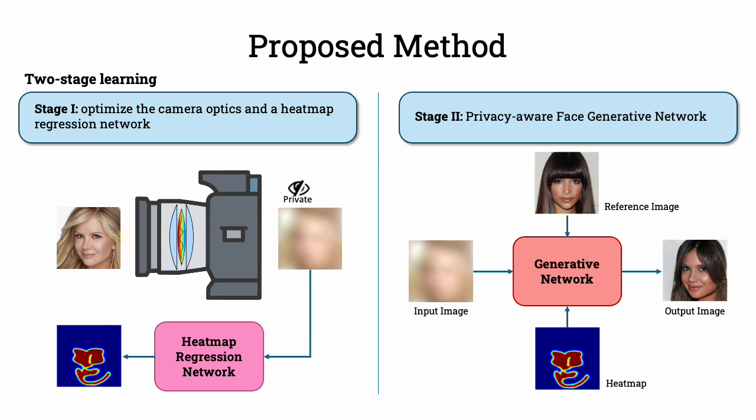In the second stage, our primary goal is to learn the parameters of a conditional GAN. This GAN generates a new face identity using the input privacy-preserving image, the face heatmap, and the reference image. Let's see stage 1 in detail.